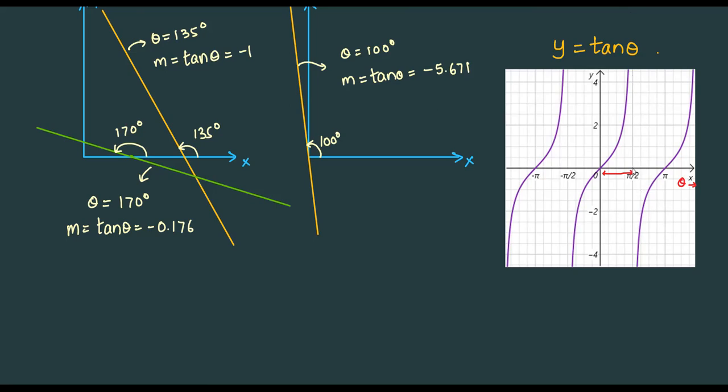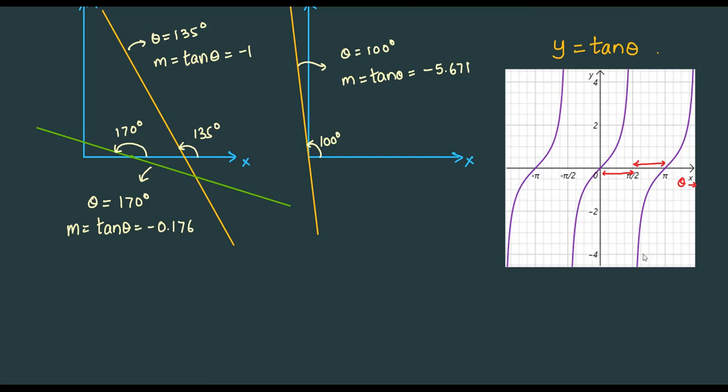Tan value is not defined at 90 degrees. Right after 90, say 90.00001, tan value is minus infinity. Then the value keeps increasing, but throughout this region from 90 to 180, tan values are negative.